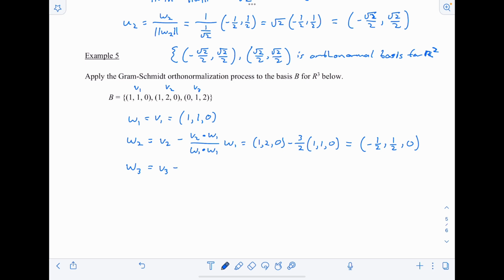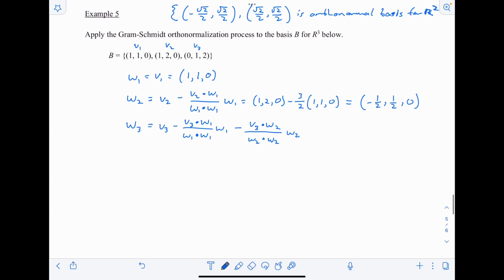We're going to take the dot product of V3 and W1 divided by the dot product of W1 and W1 times W1. But again, we need to subtract another one, and this time it's going to be V3 and W2. So the dot product of V3 and W2 divided by the dot product of W2 and W2 times W2.